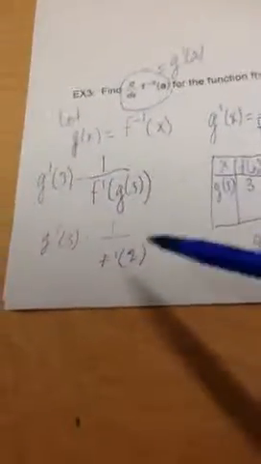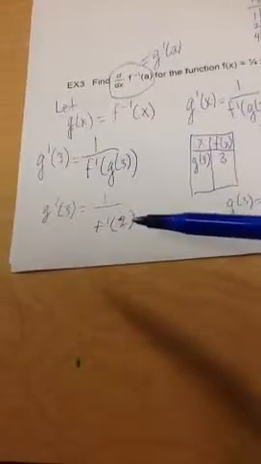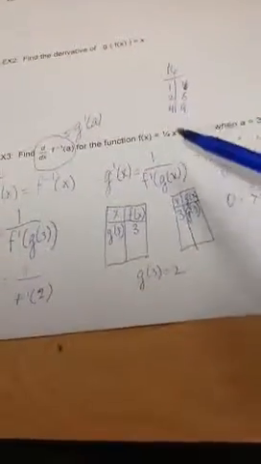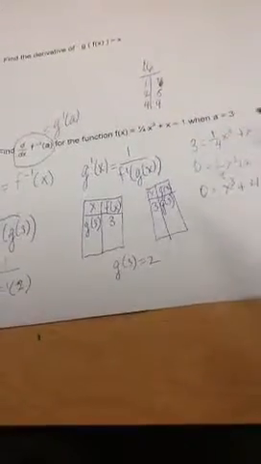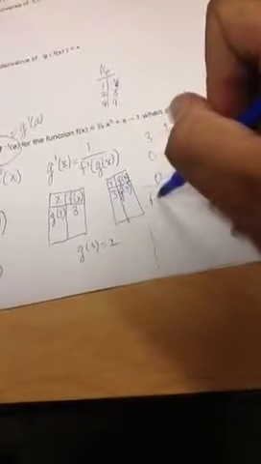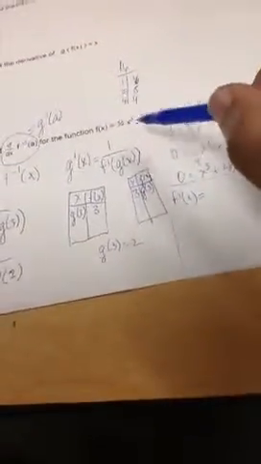So now I need to find f prime of 2. Well, in order to find f prime of 2, I need to first find f prime of x. So here's my function. F of x equals 1/4 x cubed plus x minus 1. So I need to find the derivative. So f prime of x, take the derivative.